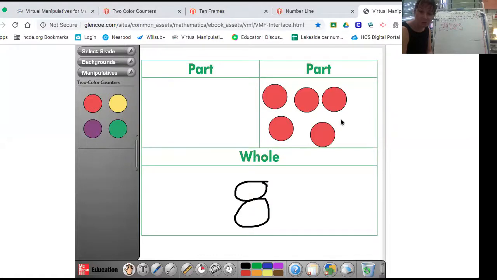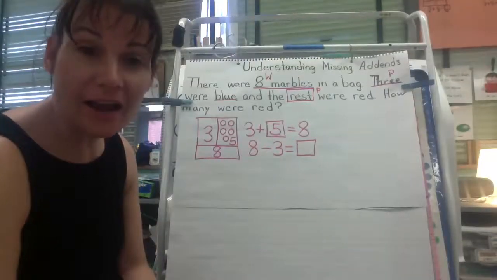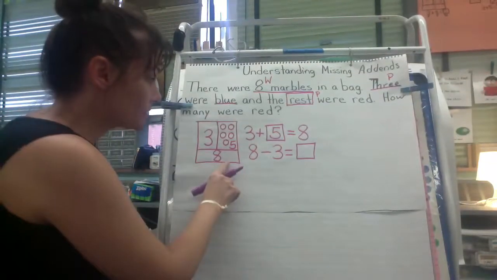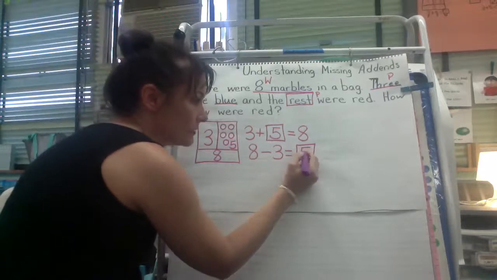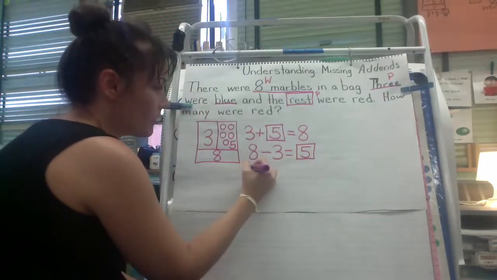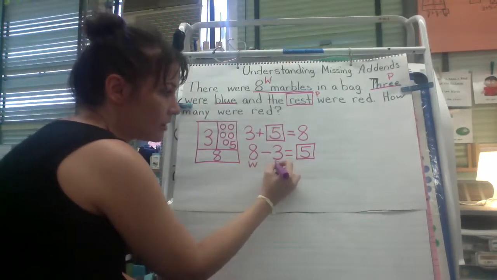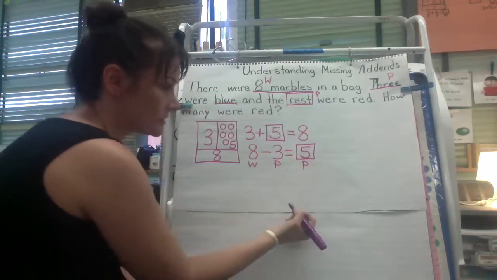What am I left with? That's right. I have 5 left because I can take my whole minus a part to get the other part.